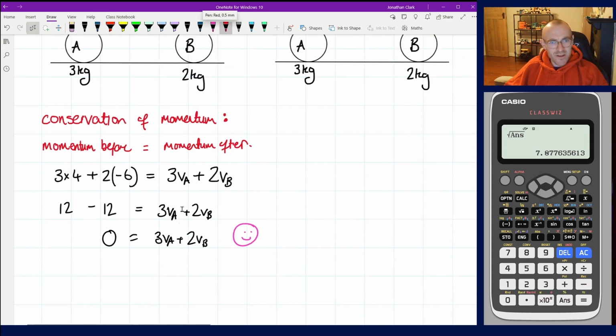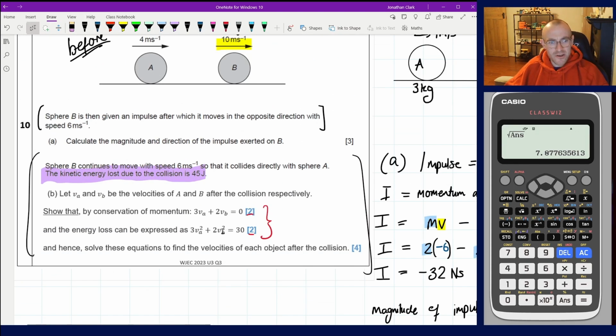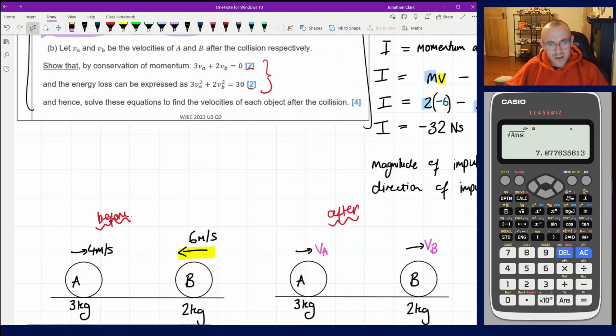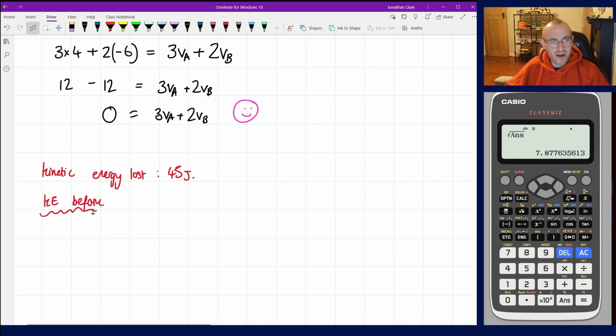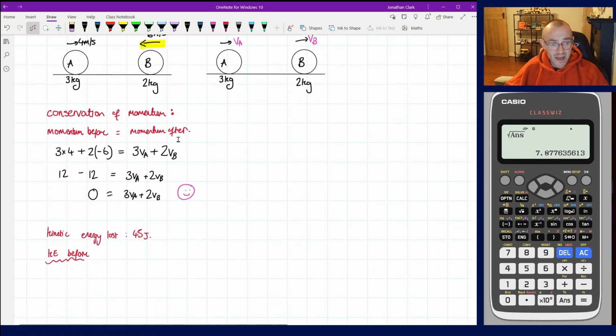The other formula looked a bit weird. Energy loss. So they told me that the kinetic energy lost was 45 joules. So this is what I'm thinking. I'm going to calculate the kinetic energy before by having a look at how much energy A and B had. So for A, the kinetic energy would have been half mv squared.